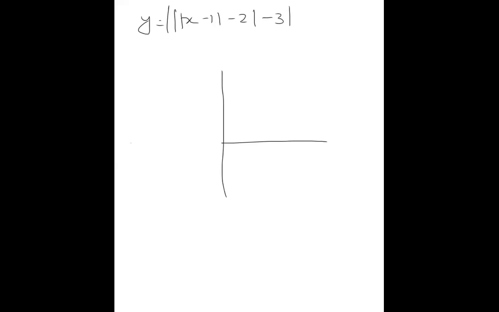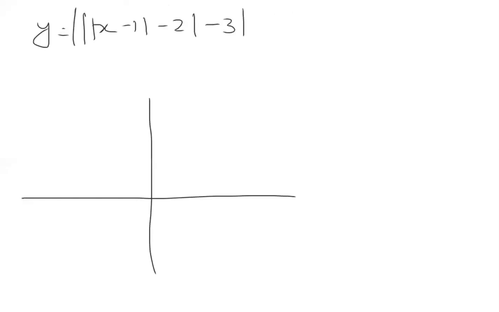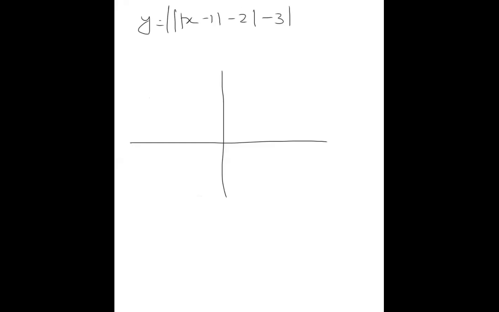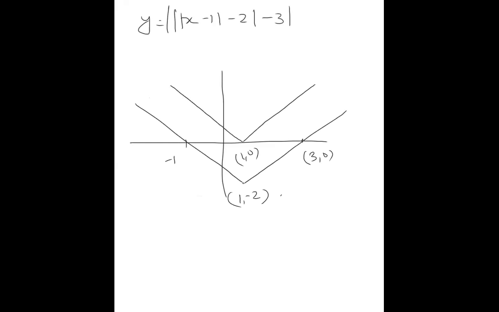See the first one. At 1, this will be 0. This is mod of x - 1. Then shifting this down by 2 units, so this is 1 comma -2. This point is coming as 3 comma 0, and this is -1 comma 0.